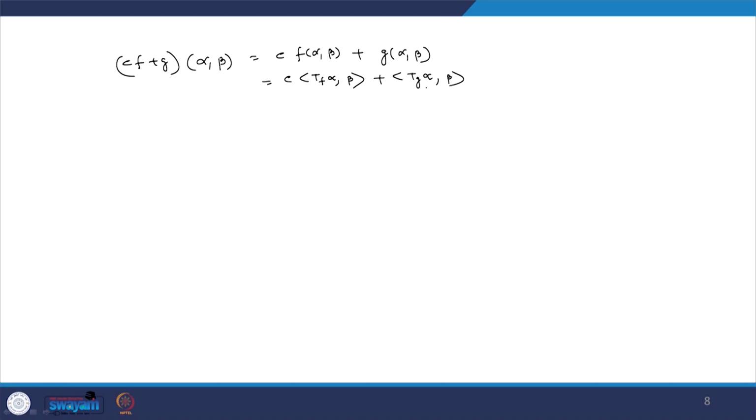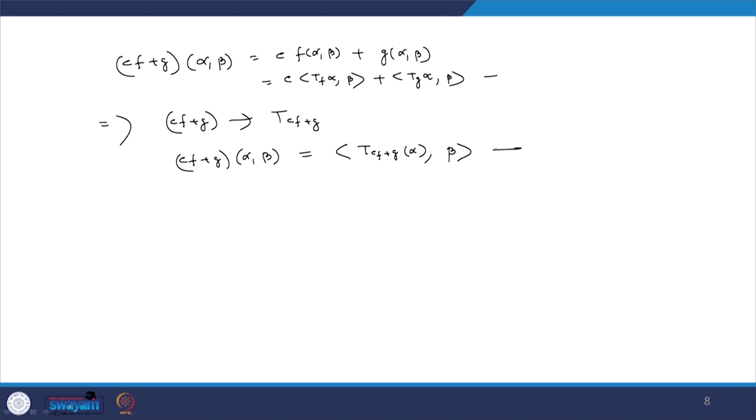Now, if CF plus G goes to T_(CF plus G), this operator implies (CF plus G) of alpha, beta must be equal to inner product of T_(CF plus G) alpha and beta.